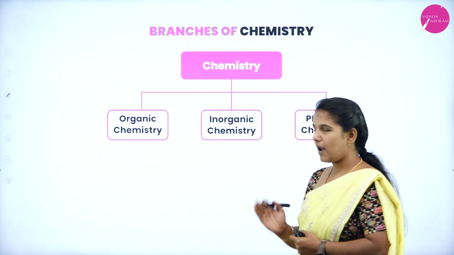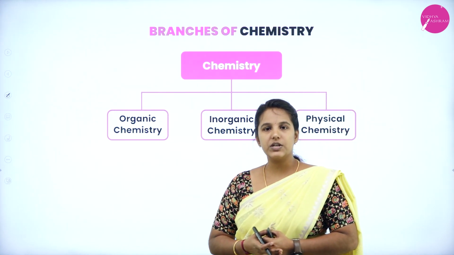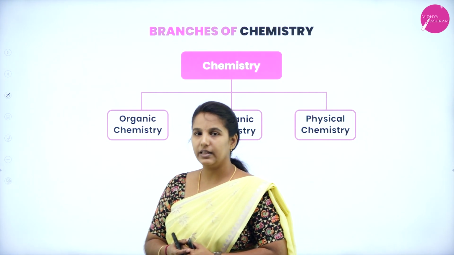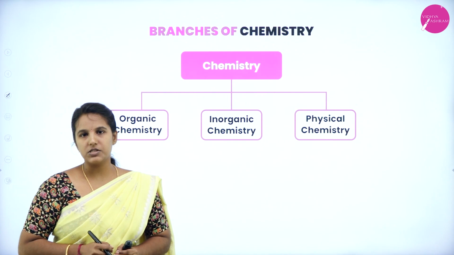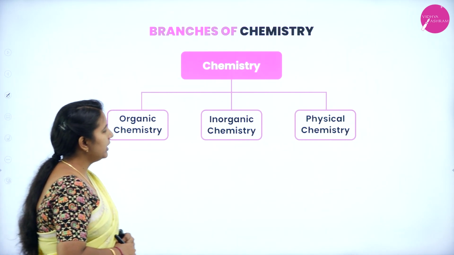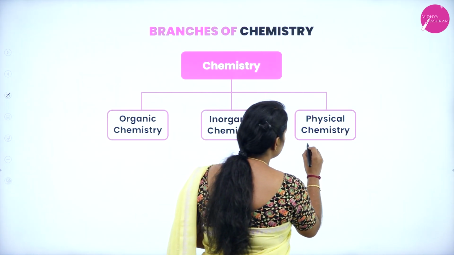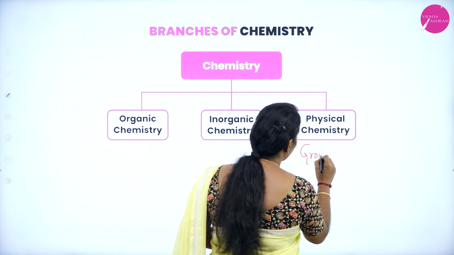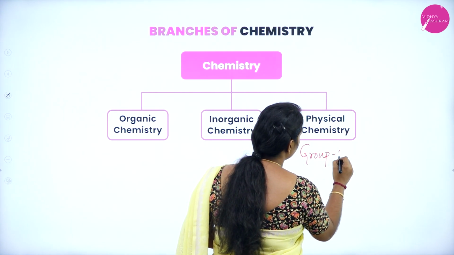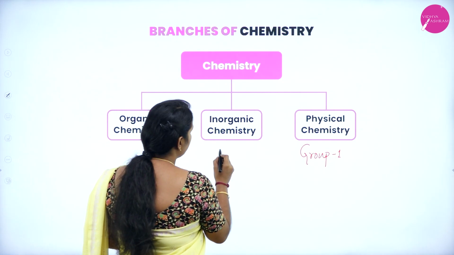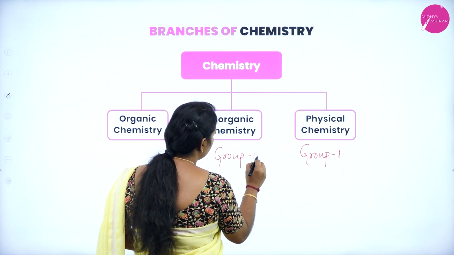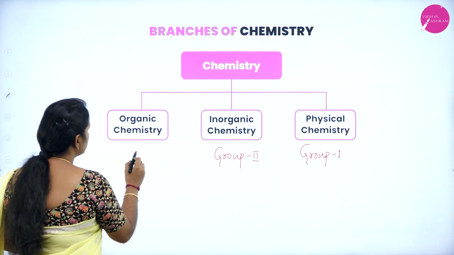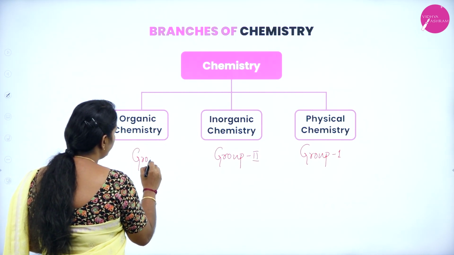Coming to the branches of chemistry, chemistry has 3 main branches. They are organic, inorganic and physical chemistry. Physical chemistry, in general, we say is group 1. Inorganic chemistry is group 2, whereas organic chemistry is group 3.